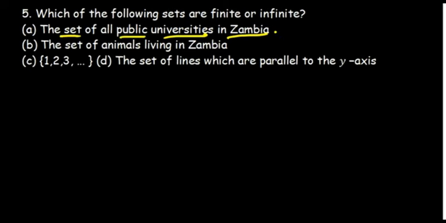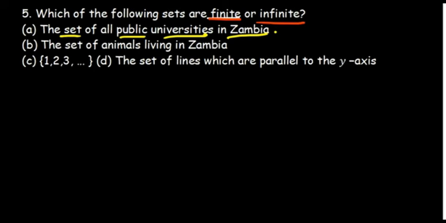By finite, we mean that we know the exact number, or the number is countable. Infinite, we can't count, we can't get to the end. Finite ones are basically known; it's a number that is determinable. For infinite, it is indeterminable.